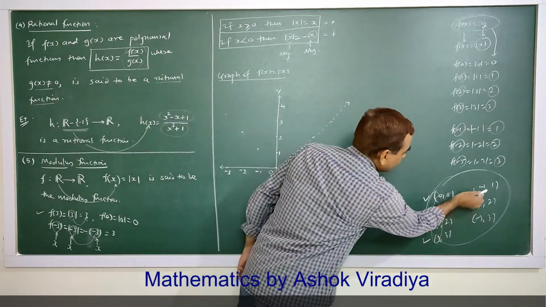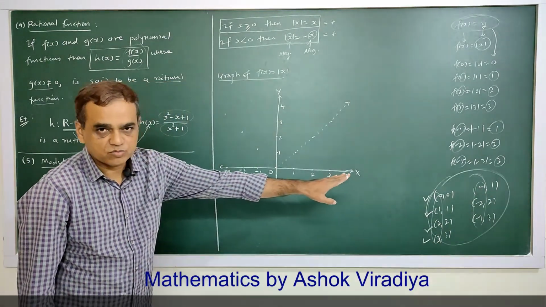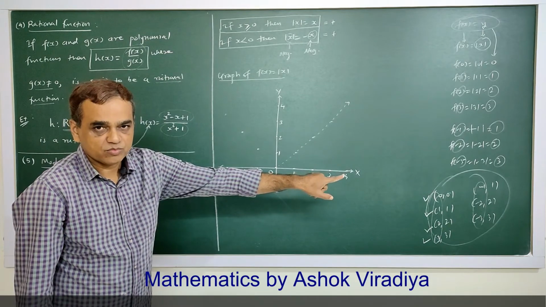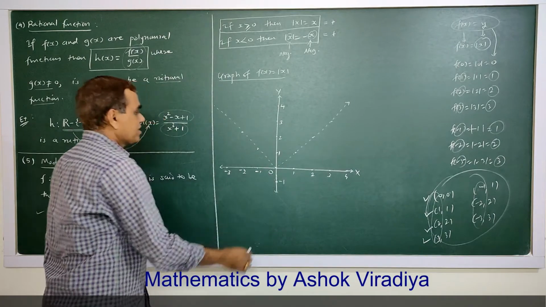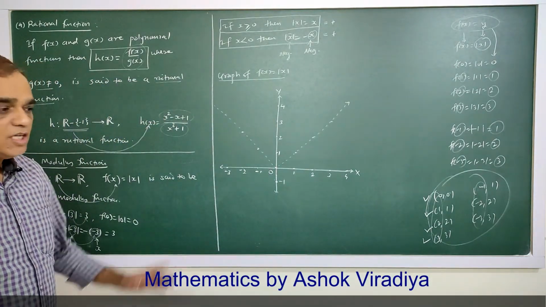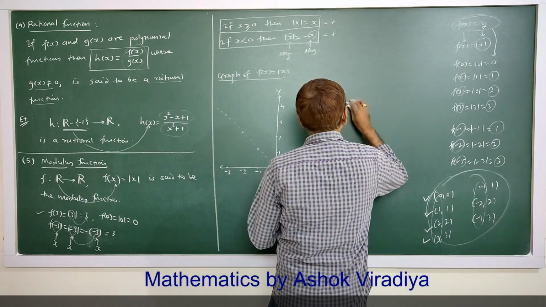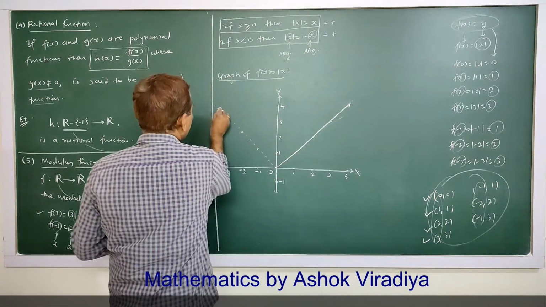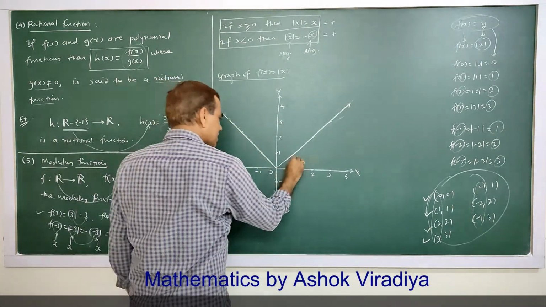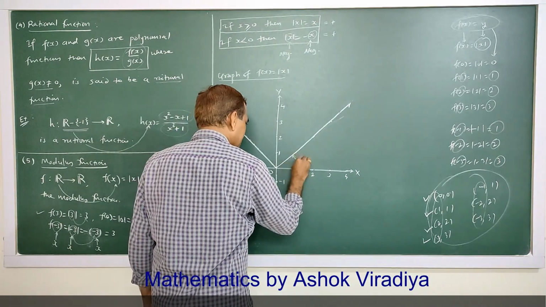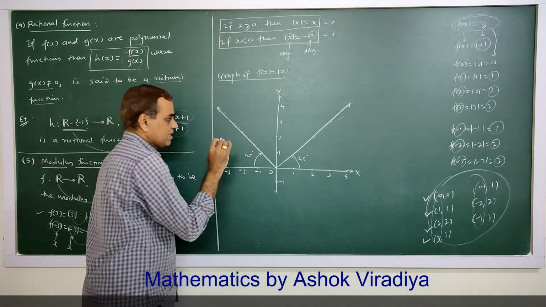So when x is negative, y is positive. Minus will be removed. So we are getting points in the second quadrant. Joining these points, we are getting the union of two rays. This is 45 degree. This is 45 degree.